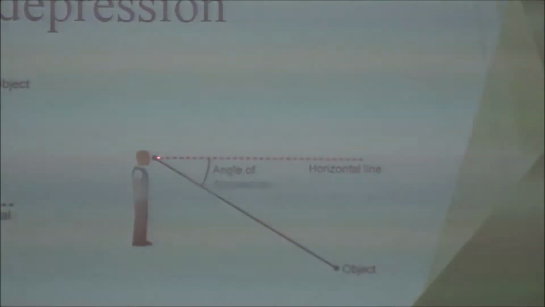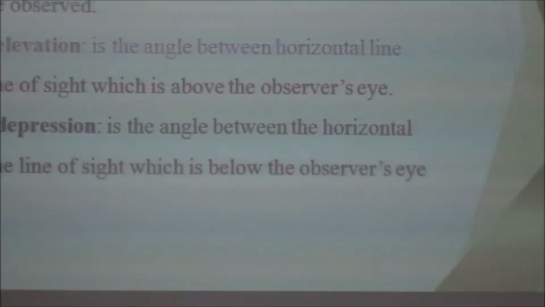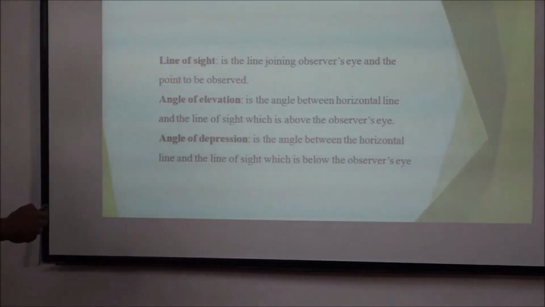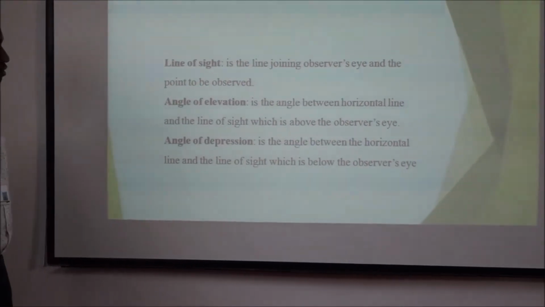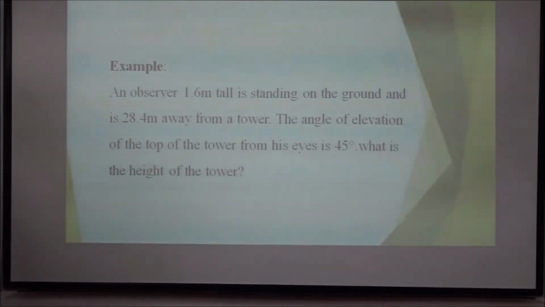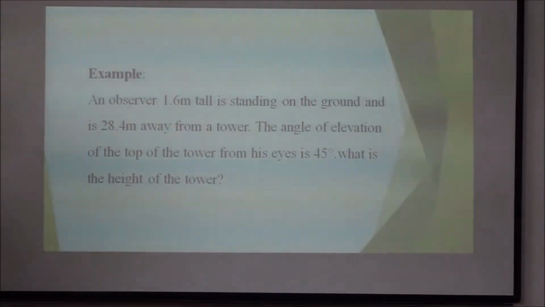So we can define angle of depression as the angle between horizontal line and the line of sight, which is below the observer's eye. So those are the terms which you have to understand: line of sight, angle of elevation, and the angle of depression. Now after understanding this, we're in a better position of solving the problem.